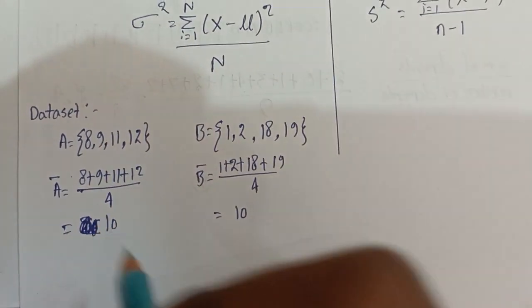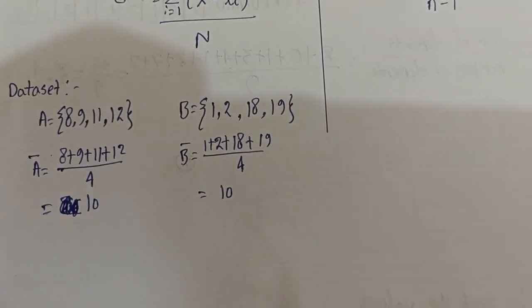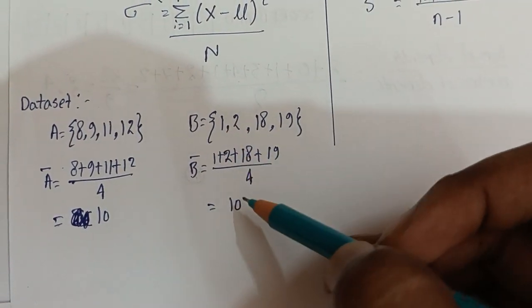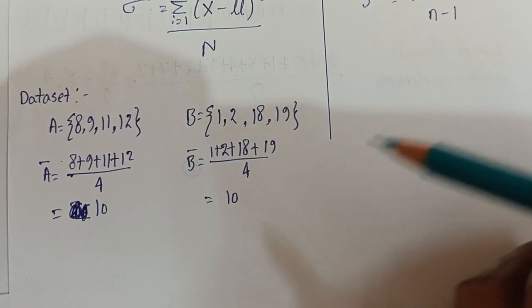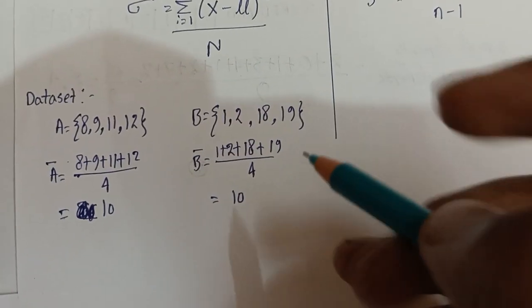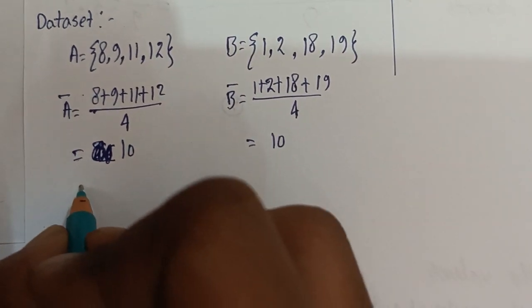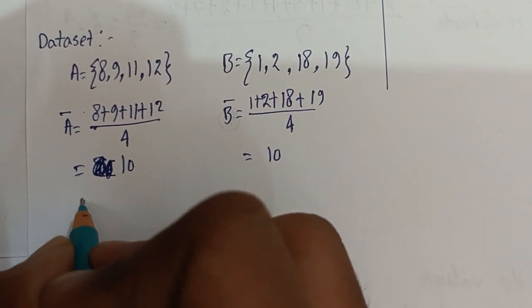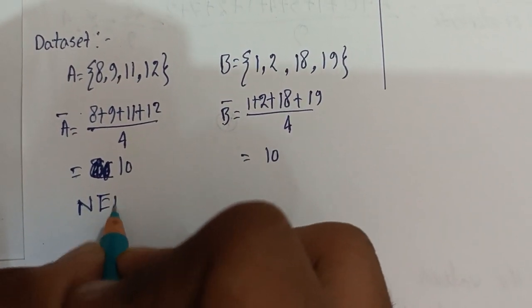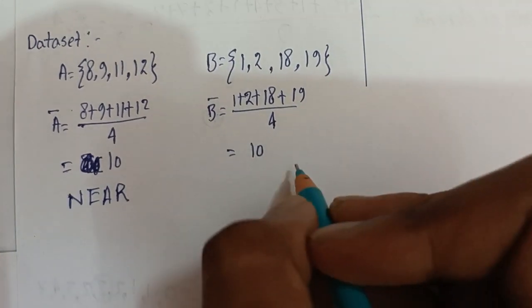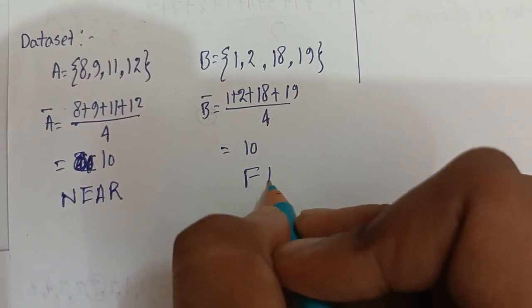For dataset B, you will see that the elements are very far away from our mean. So I can conclude that here the variance is high.